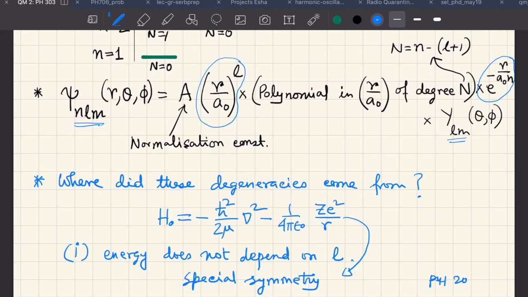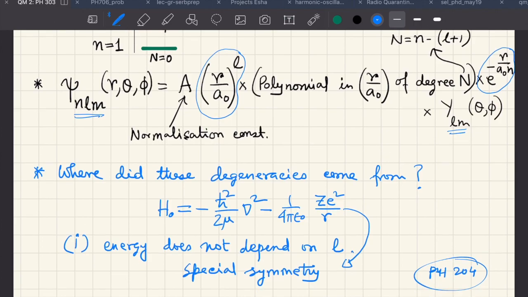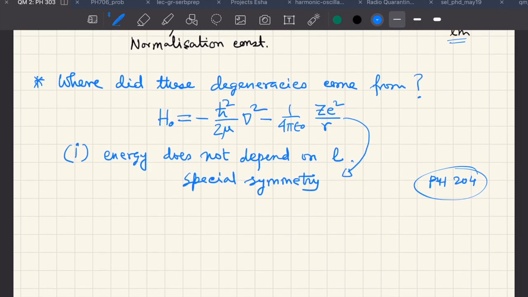If not, we can discuss it later. This special symmetry is basically a conserved quantity called the Laplace-Runge-Lenz vector, and this ultimately follows from a kind of hidden SO(4) symmetry in the formulation of the hydrogen atom.